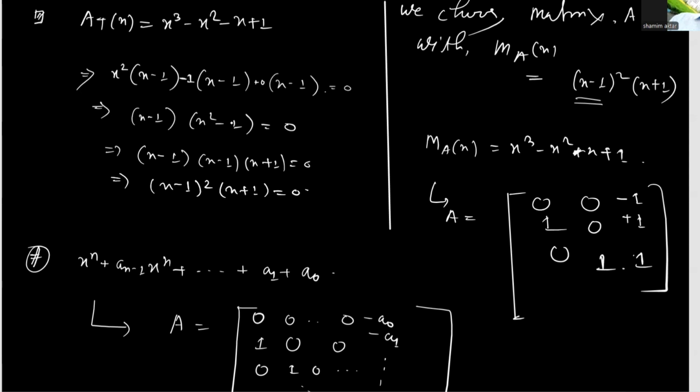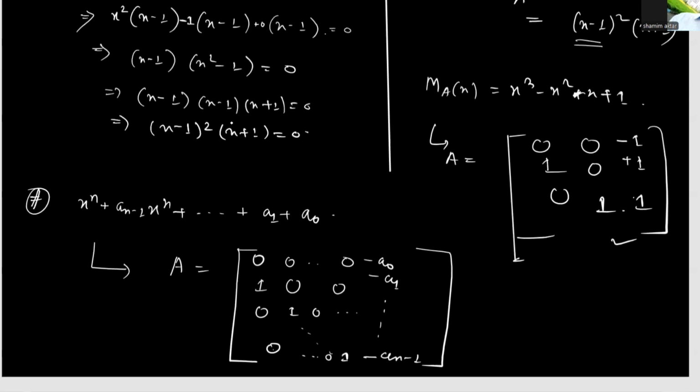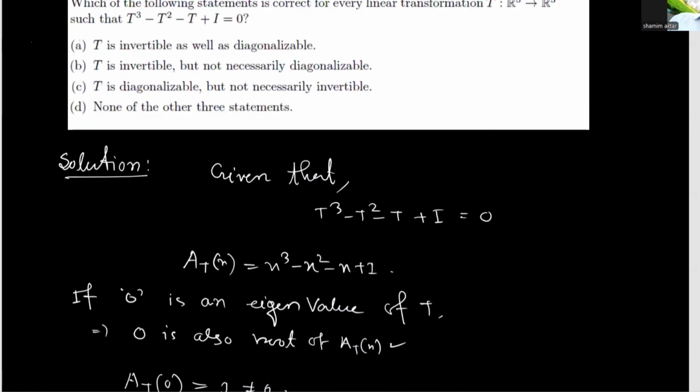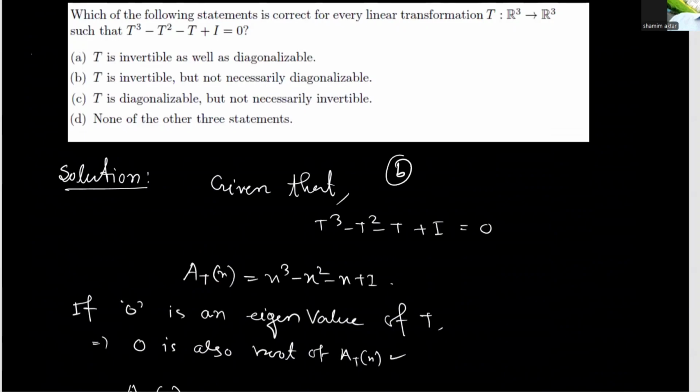This matrix we define satisfies the annihilating polynomial and the given condition, and is also invertible but not diagonalizable, because its minimal polynomial does not have distinct linear factors. So the answer to the question is B: T is invertible but not necessarily diagonalizable.